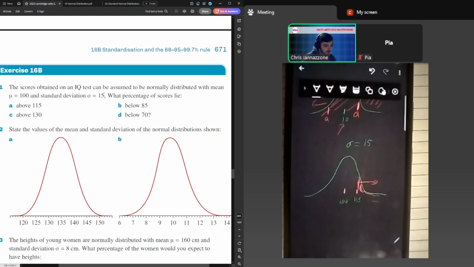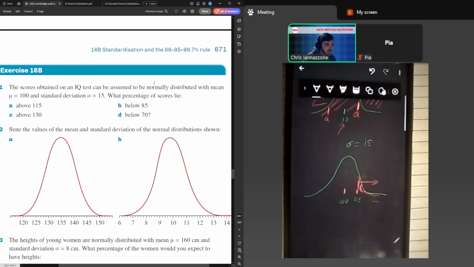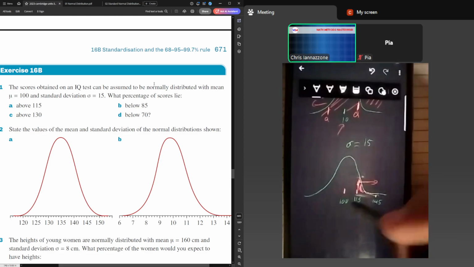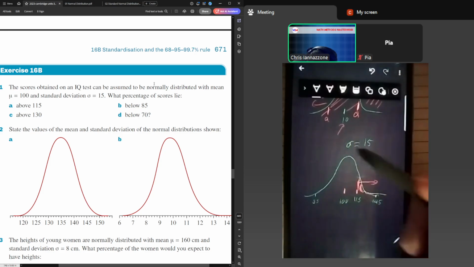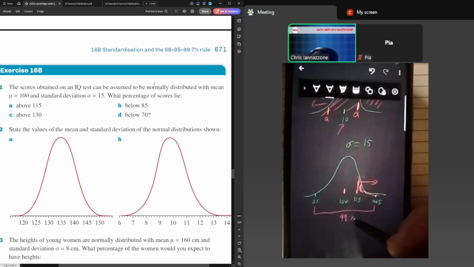So the 99% rule tells us between plus or minus 3 standard deviations is going to be 99%. So 3 standard deviations, we're looking at 45 either side of 100. So we're looking at 145, and then 55 out here. That's what we're basically saying by using the 99% rule: from here to here is 99%.